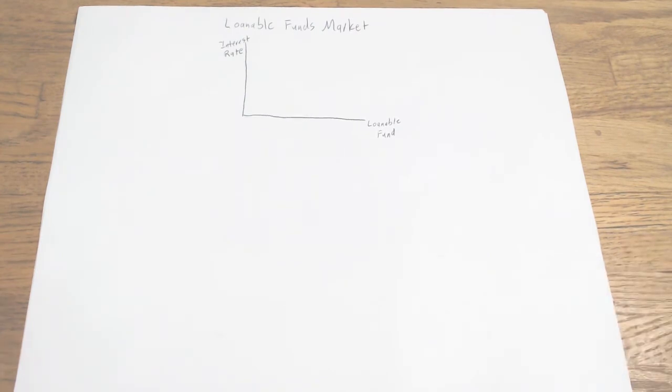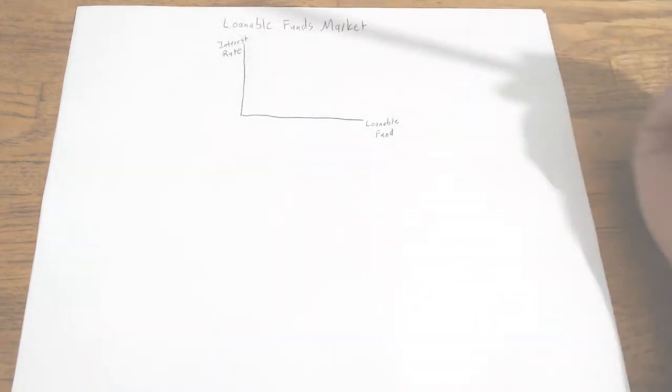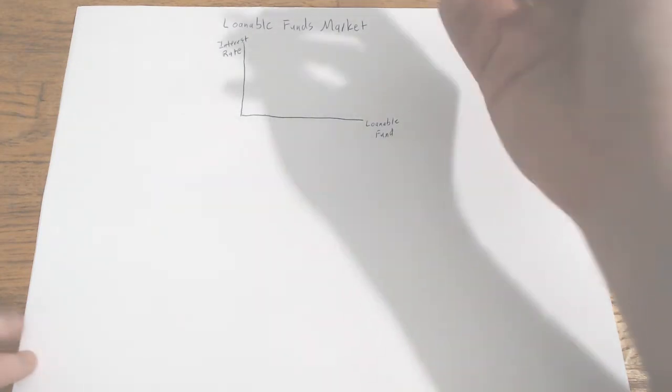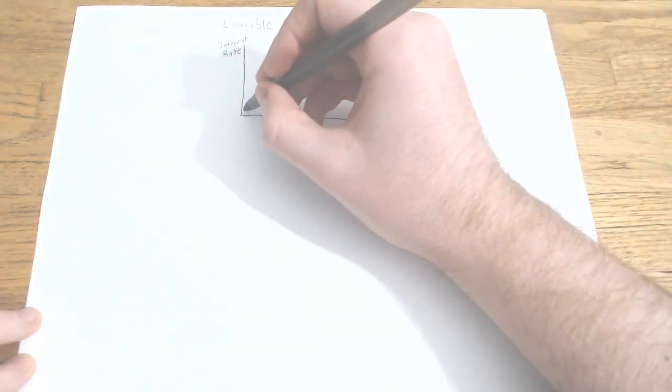Our supply of savings: if the interest rate increases when saving, would you want to save more or less? You're going to want to save more. If I know I can get a higher interest rate when saving, I'm going to deposit more of my paycheck each month into my bank account to get a higher savings rate.